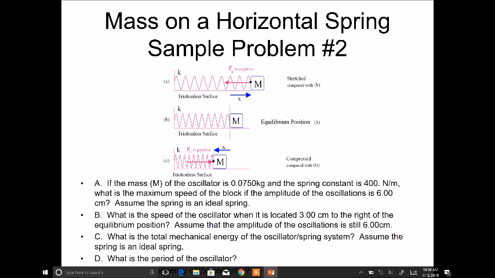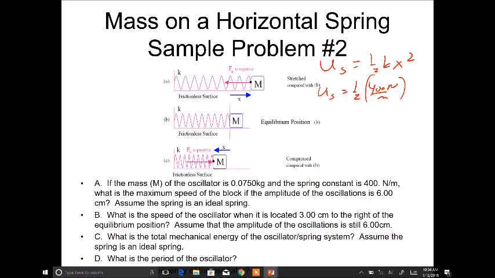So first of all, let's find the total amount of mechanical energy in the system. To do that, we're going to use 1/2 kx squared. Remember that all of the mechanical energy is elastic potential energy at the maximum displacement, at the amplitude. So U_s is going to be equal to 1/2 k, 400 newtons per meter, times the amplitude squared.